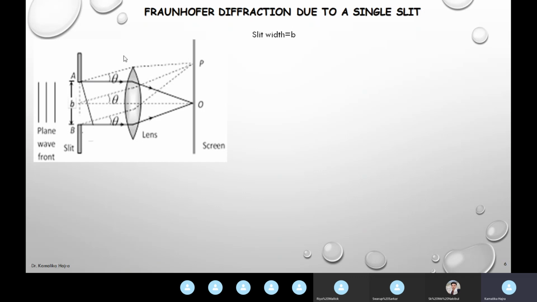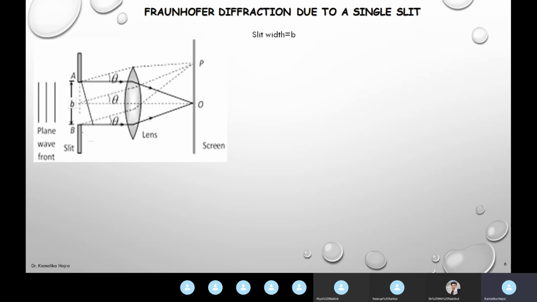For example, this dotted line is a set of rays which are diffracted. This solid line is another set of rays which are diffracted. So different sets of parallel rays are diffracted, and this converging lens converges these sets of parallel rays to different points on the screen, which is kept at the focal plane of this lens.